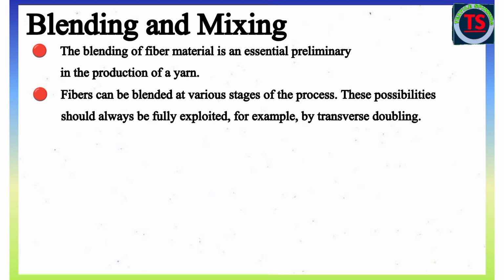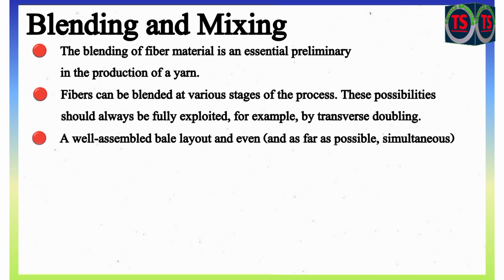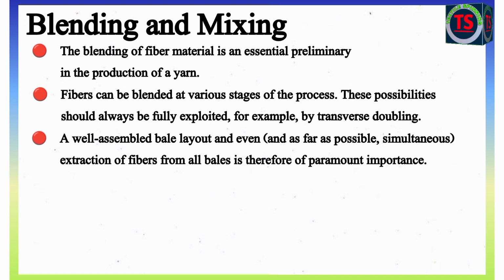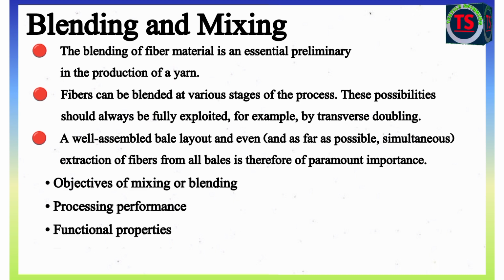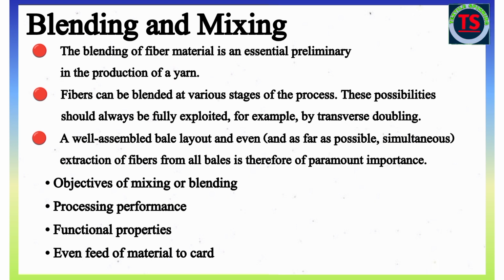For example, by transverse doubling, a well-assembled bale layout, and even extraction of fibers from all bales, which is therefore of paramount importance. Objective of mixing or blending: processing performance, functional properties, even feed of material to card.